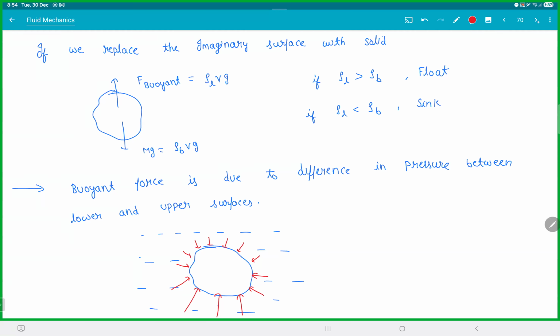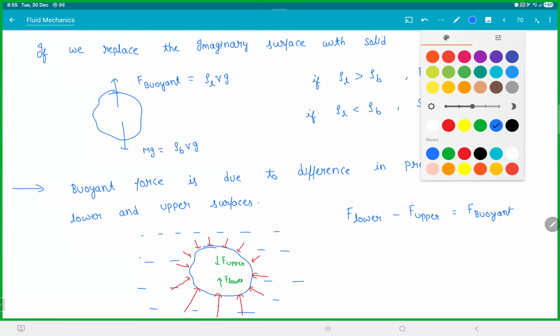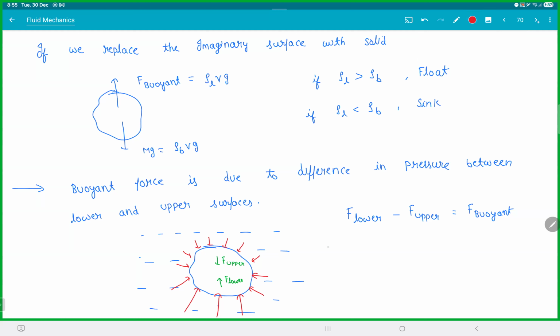So we get the force due to the lower surface and the force due to the upper surface. So the net lower force minus the upper force is your buoyant force. So buoyant force is nothing new actually. It is the same thing as your pressure times area. Right? So this thing is important.